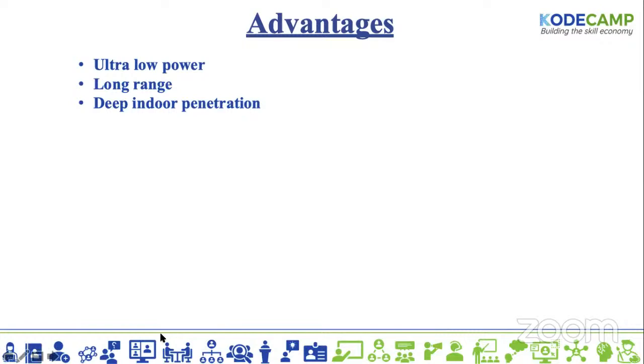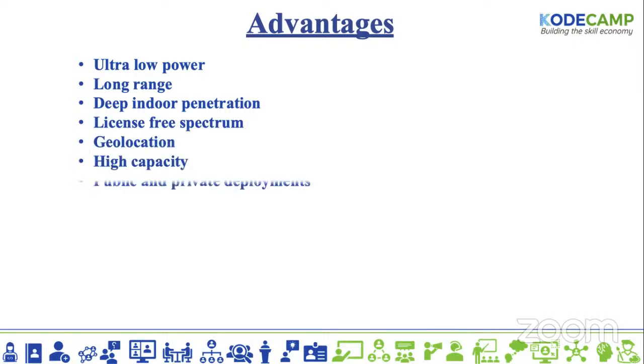And then it's license free. It's a license free spectrum, so you can use any frequency of your choice. It's very good for geolocation. It has a very high capacity. It has public and private deployment.